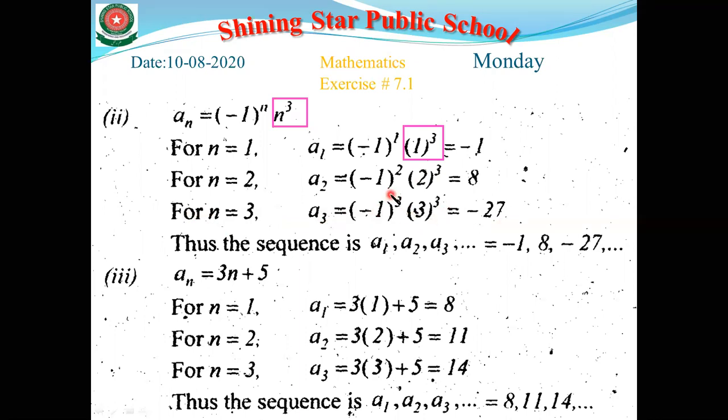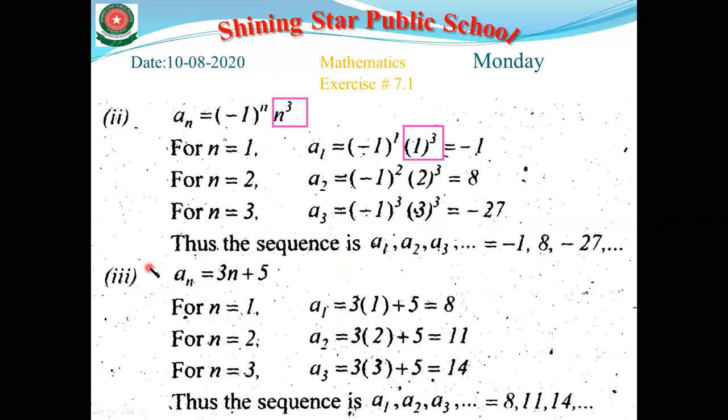So when we multiply 27 with minus 1, it becomes minus 27. Thus the sequence a1, a2, a3 is minus 1, 8, minus 27, which is your required sequence.